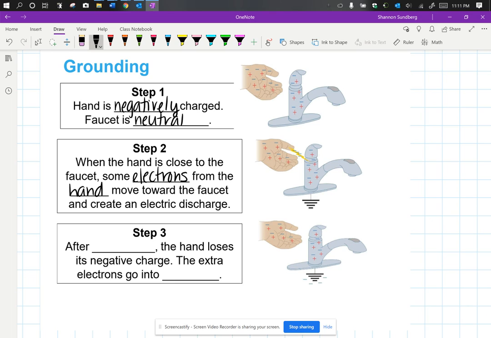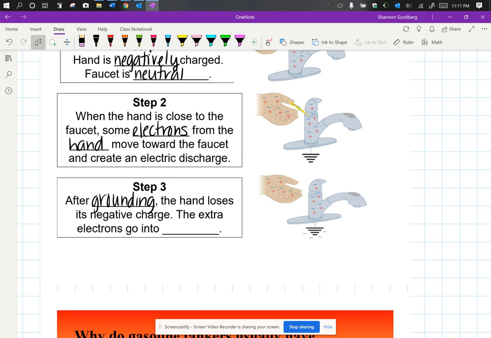After grounding, the hand loses its negative charge and the extra electrons go first into the faucet, and then from there they just go into the earth.